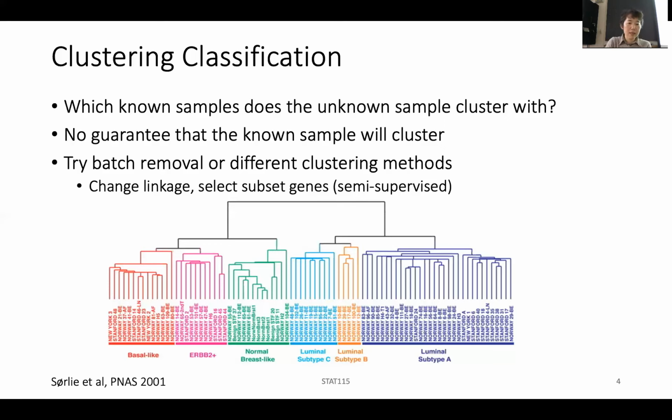In this 2001 study, it's kind of an ideal case that when you cluster all the samples together, they really cluster by the subtypes. In this situation, we have 6 different subtypes, but sometimes it can be even easier, just normal versus disease, and just 2 classes.